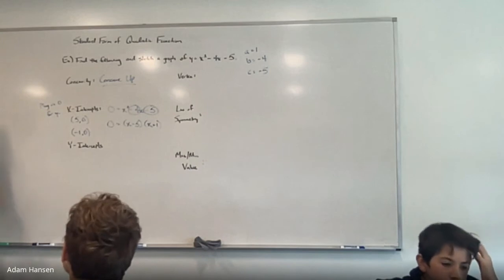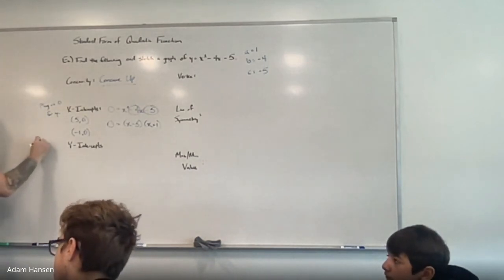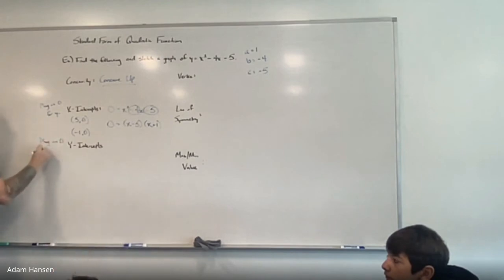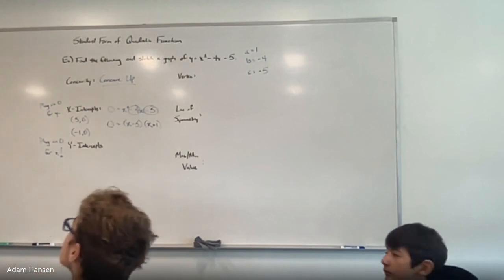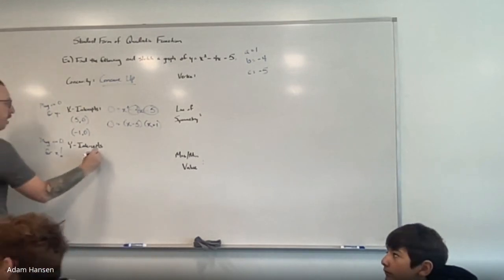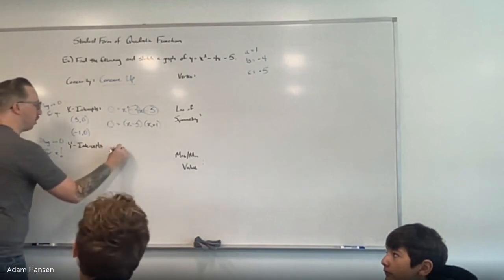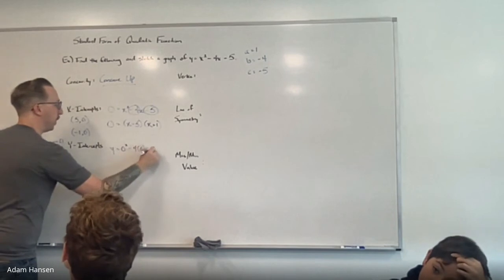All right, y-intercepts. Y-intercepts, plug in 0 for x. So when I do that, I'll have y equals 0 squared minus 4 times 0 minus 5.